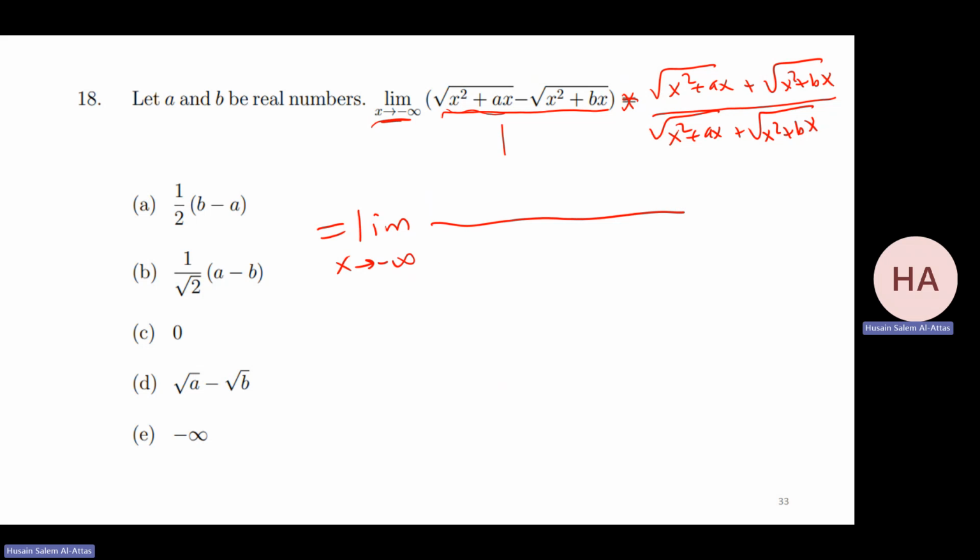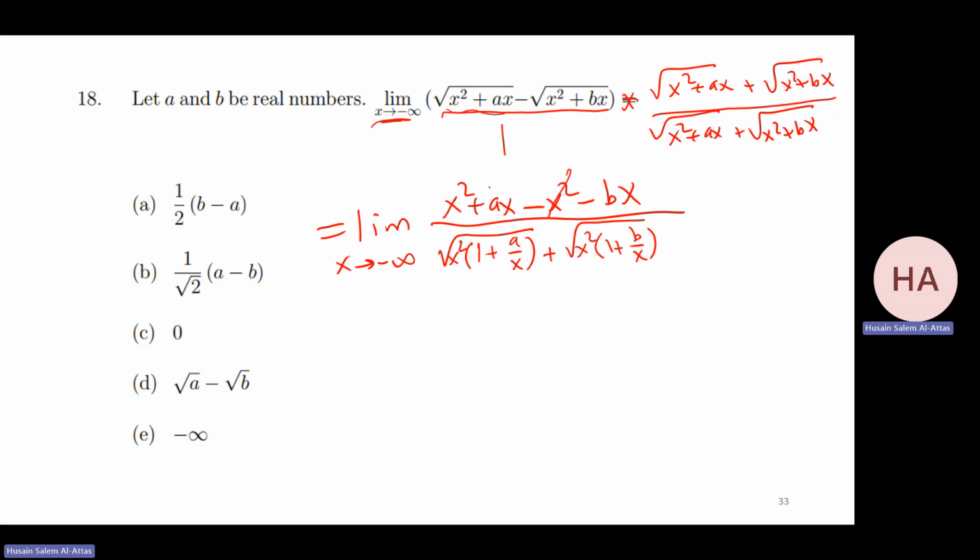In the numerator, we have x squared plus ax minus x squared minus bx. Let me do it in one step. And this is square root. I can take x squared common factor here to save time. It will be 1 plus a over x. Correct? Yeah. Here the same thing, x squared, you have 1 plus b over x.